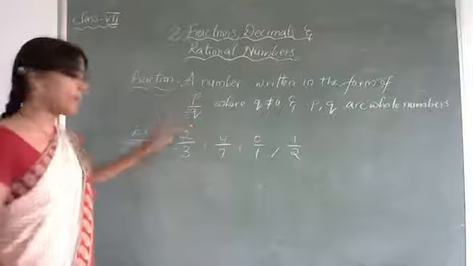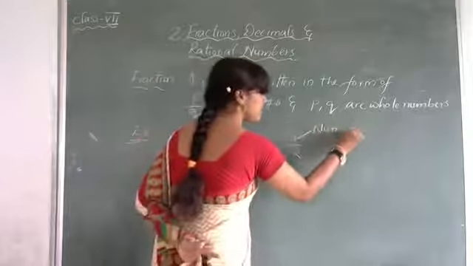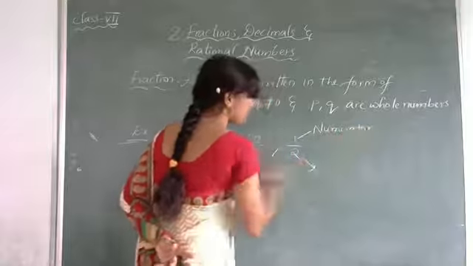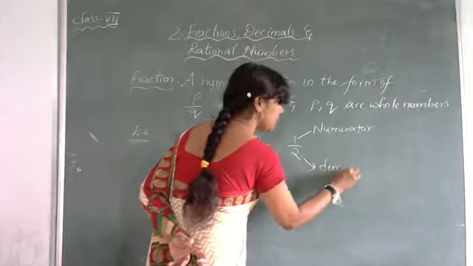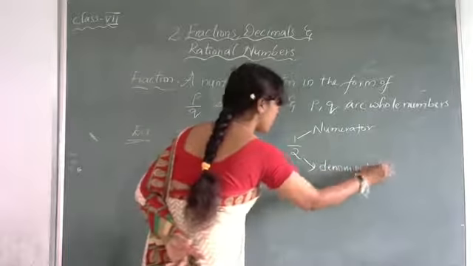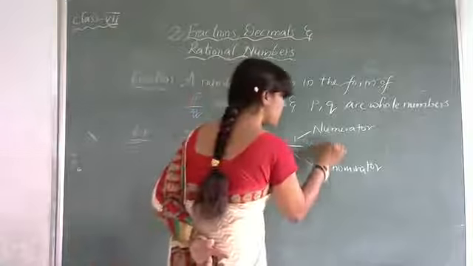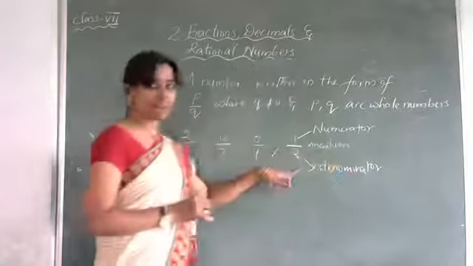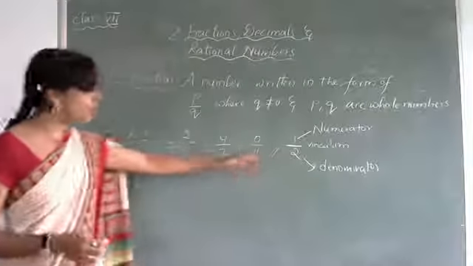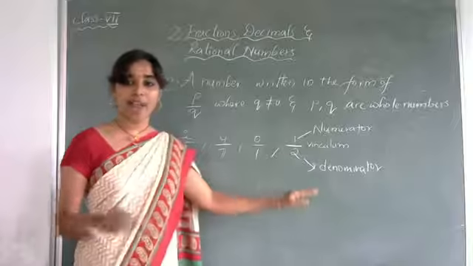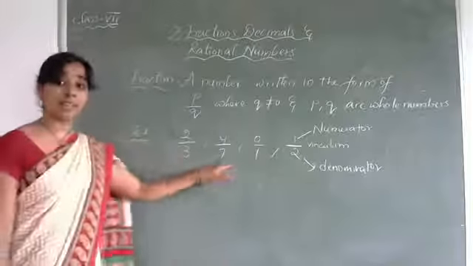The upper number we call the numerator and the lower number is called the denominator. The line is called the vinculum, children. So the fraction is nothing but numerator by denominator. These are the examples of fractions, children.